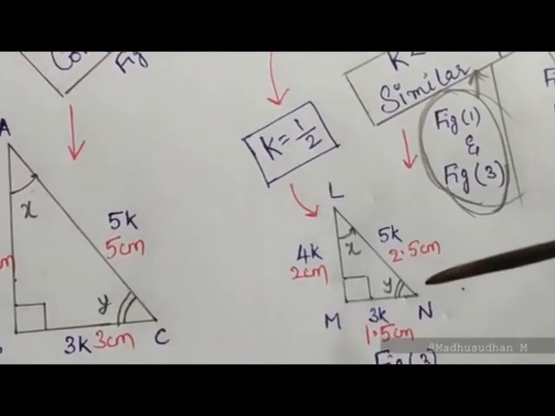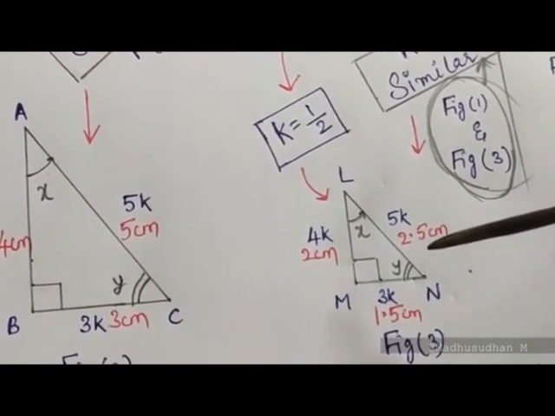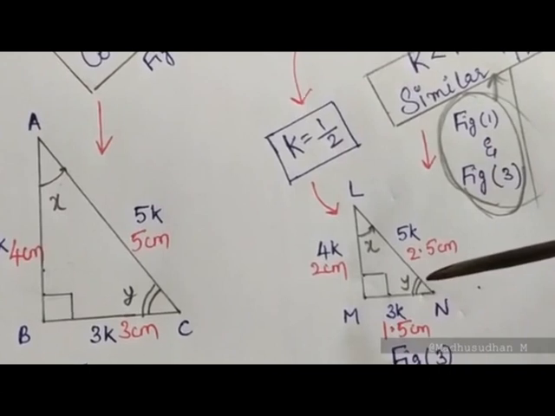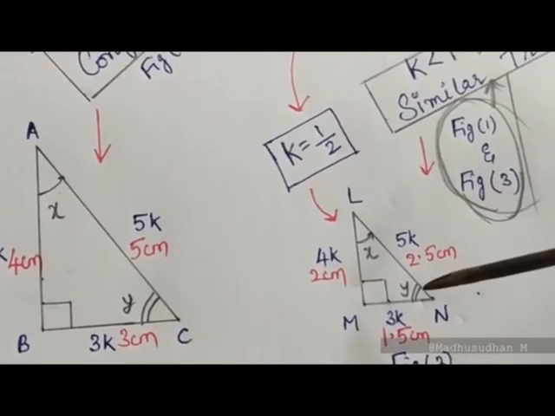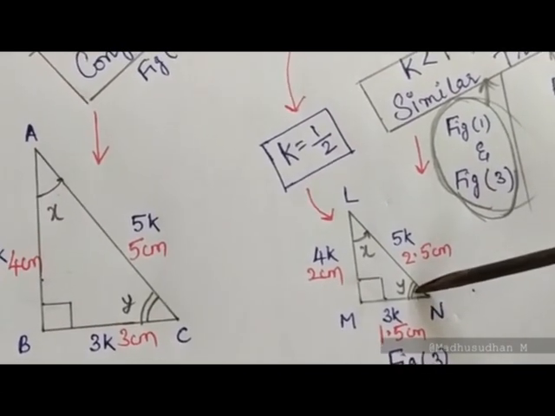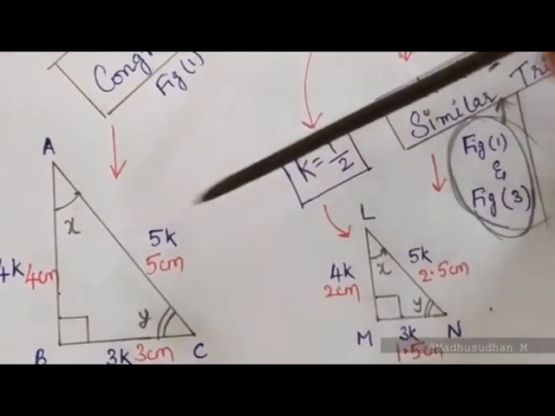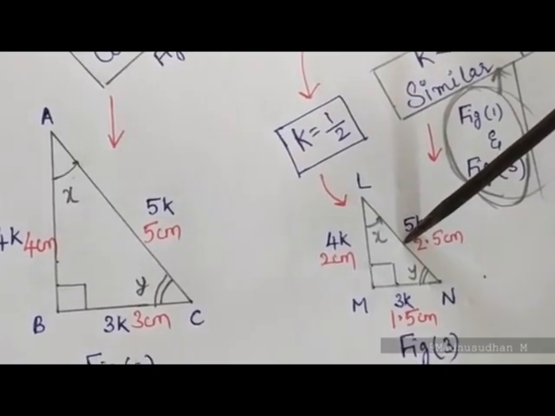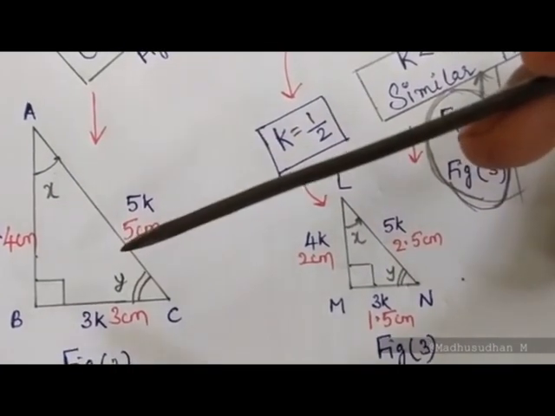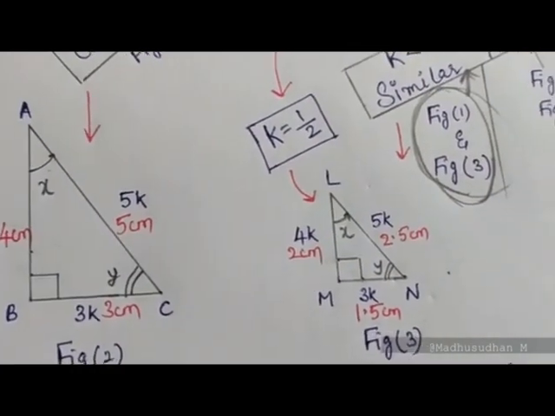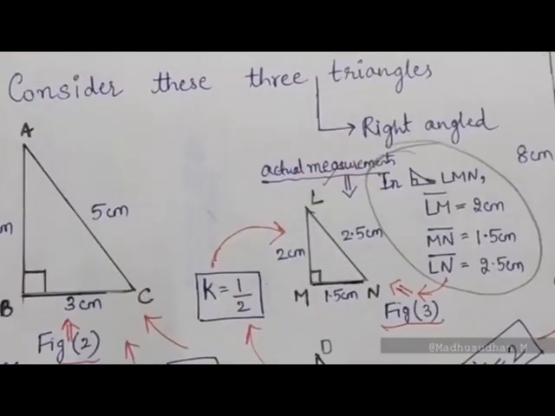Even if this triangle is a reduced one, angle Y is the same. Similarly, angle X, the corresponding angle, is equal in figure 2 and figure 3. And angle ABC is exactly equal to angle LMN, which is equal to 90 degrees.